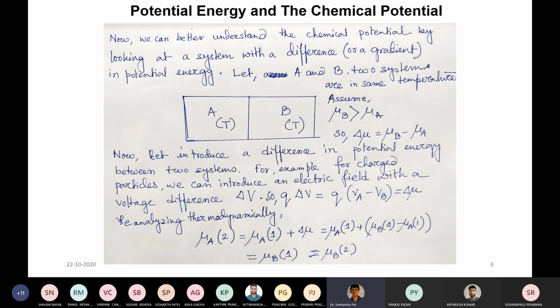The change in free energy of system A is given by the change in internal energy, and this means Avogadro's number multiplied by Q del V. Q is the charge.